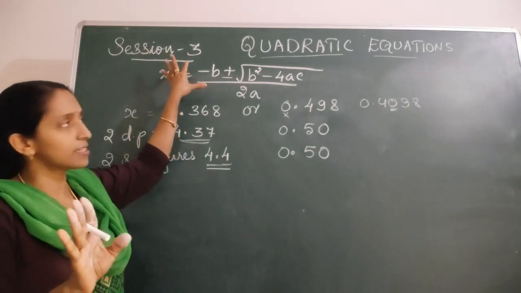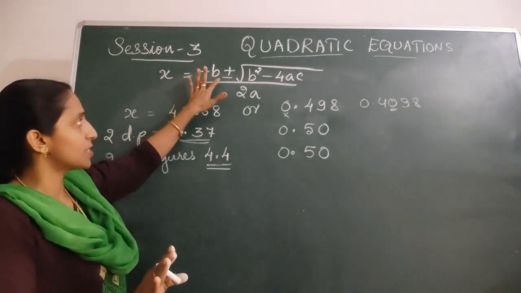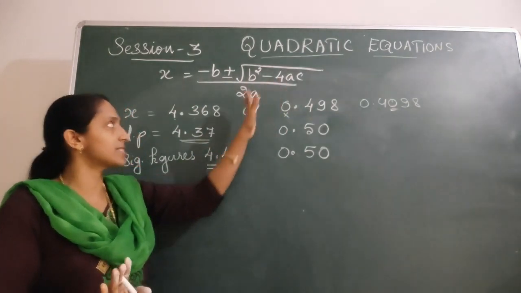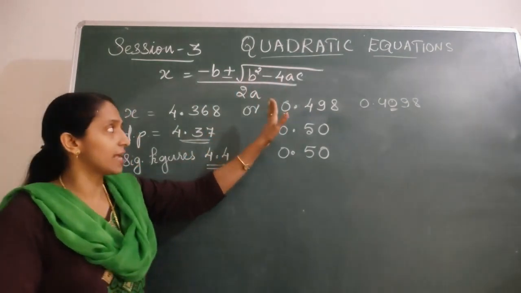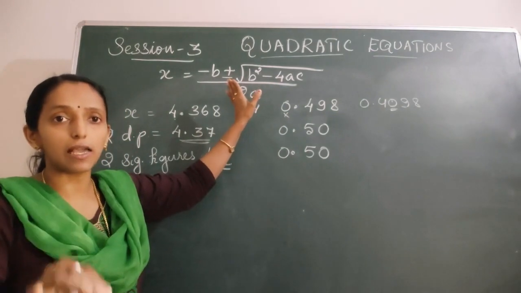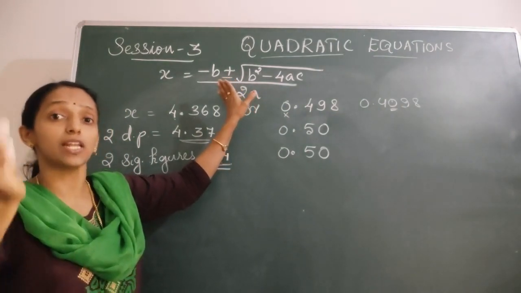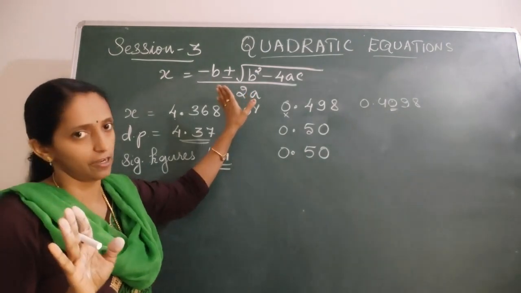The formula is: x equals minus B plus or minus under root B square minus 4AC, upon 2A, where A, B, C are the constant values given in the quadratic equation after writing it in the standard form.